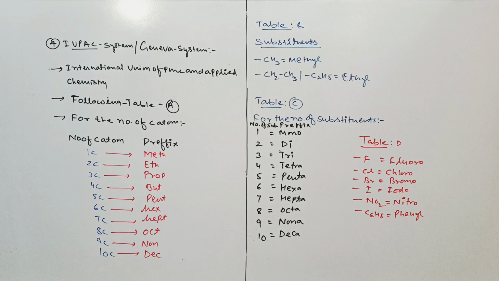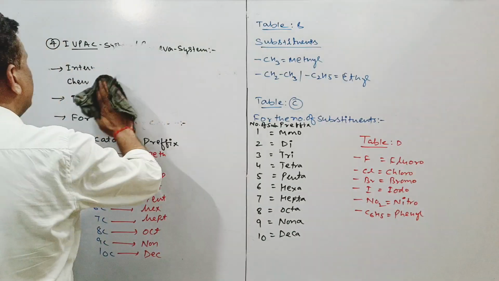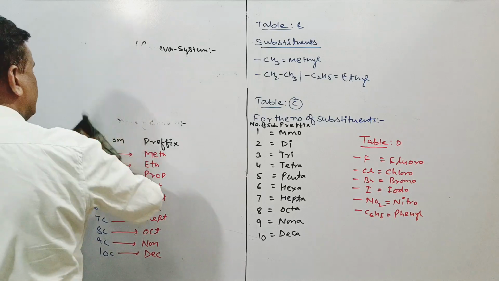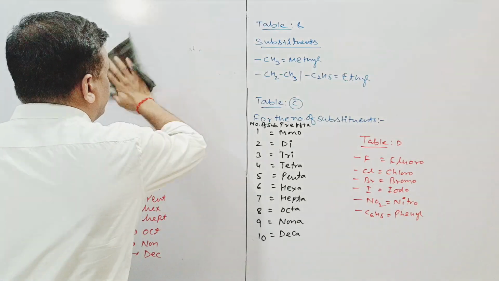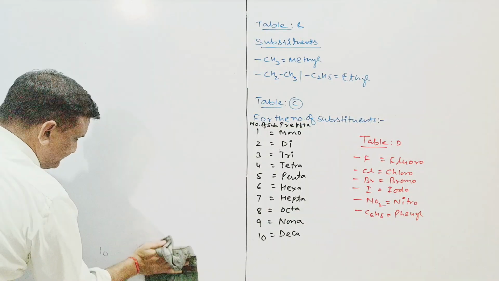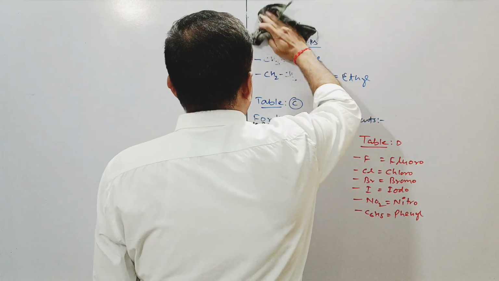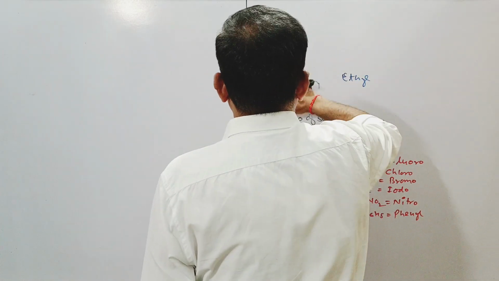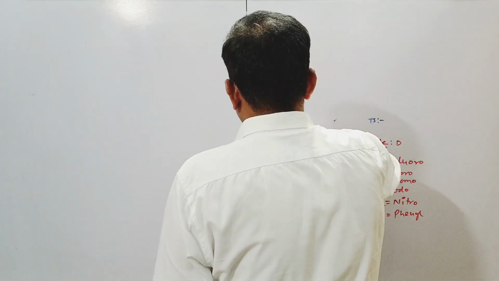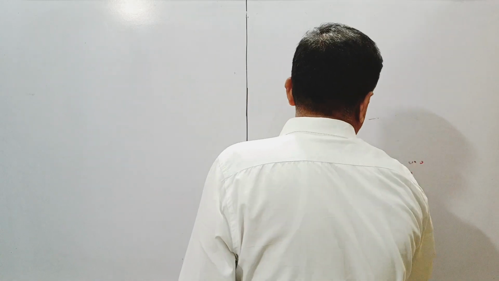So in the sequence, first of all, I would like to go with the nomenclature. In the nomenclature series, what compounds will be here, I'm going to tell you. Because it is required to know which compounds will be discussed by me in this video or further.